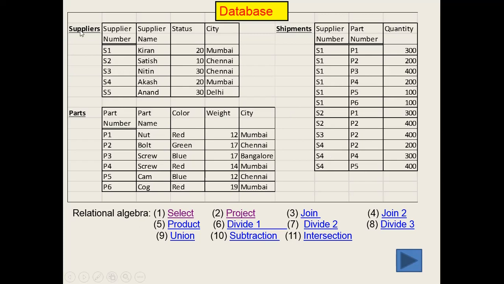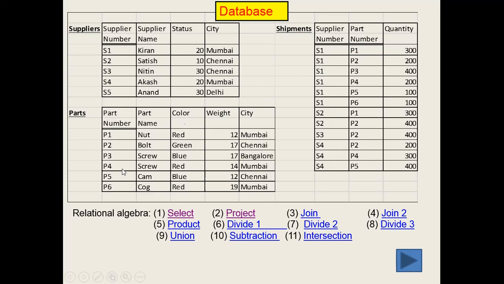The database has three relations: suppliers, parts, and shipments. The attributes of the supplier relation are supplier number, supplier name, status of the supplier, and the city. The attributes of the part relation are part number, part name, color of the part, weight of the part, and the city. Whereas the attributes of the shipment relation are supplier number, part number, and quantity.